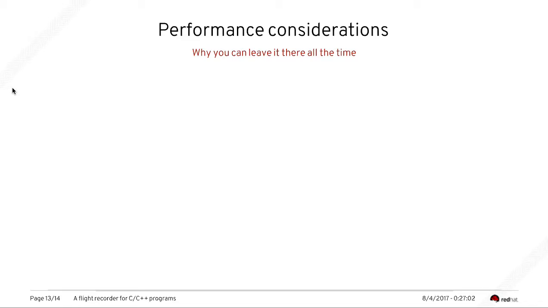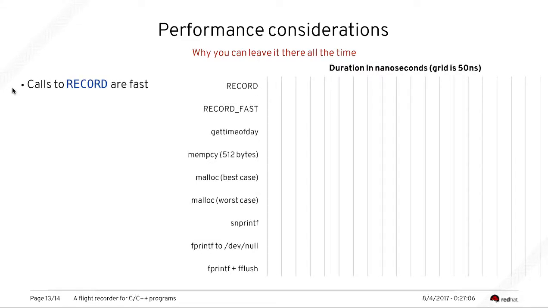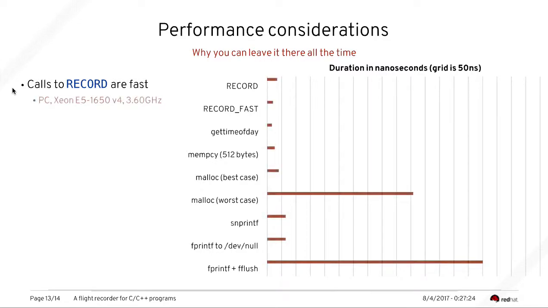So an instrumentation that you want to leave always on has to be pretty high performance, and calls to record are fast. So this is a comparison between record and other common operations that you can do in a C program, like getting the time of day, memcopy, malloc, snprintf, printf to dev null, or flushing printf to disk.